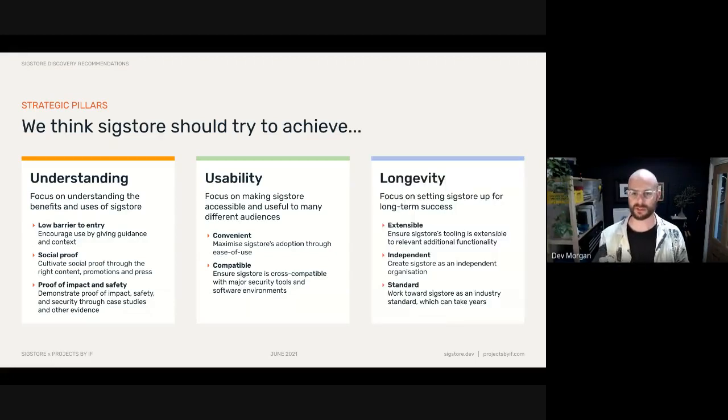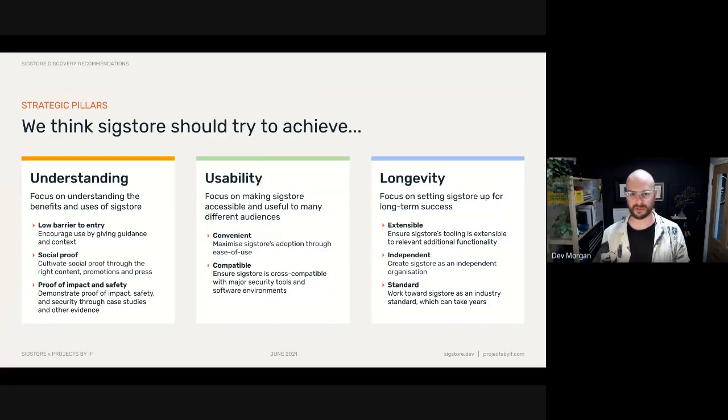We think Sigstore should also try to achieve longevity, and this is a really important guiding factor in thinking about this product and its success for mitigating supply chain attacks, which is that it needs to be working towards being an industry standard. This can take some years, so we need to support the project and have all of the organizational tools in place for it to live for that length of time.